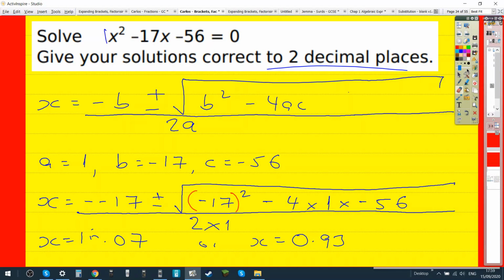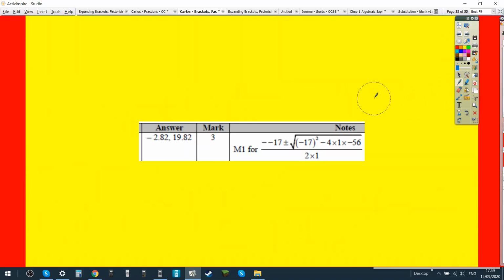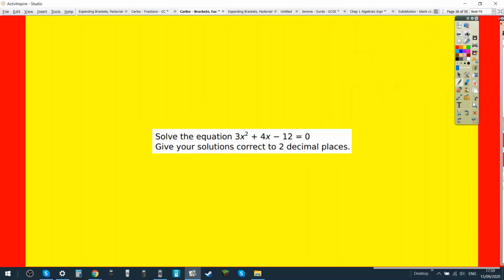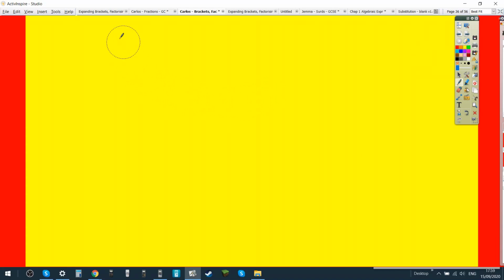And then the minus one is minus 2.82. 19.82 and minus 2.82. Great. And so, quadratic formula, what do you give yourself for that?